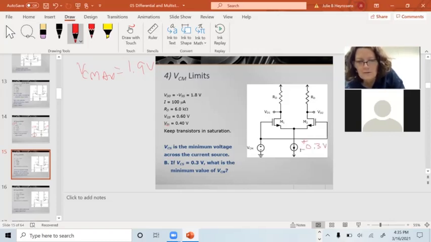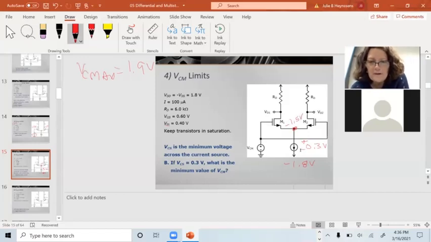That was given to us to keep the current source working properly. So this voltage down here was minus 1.8. The minimum value I can have at the source here is going to be negative 1.8 plus 0.3, which is negative 1.5 volts. That's at the source.